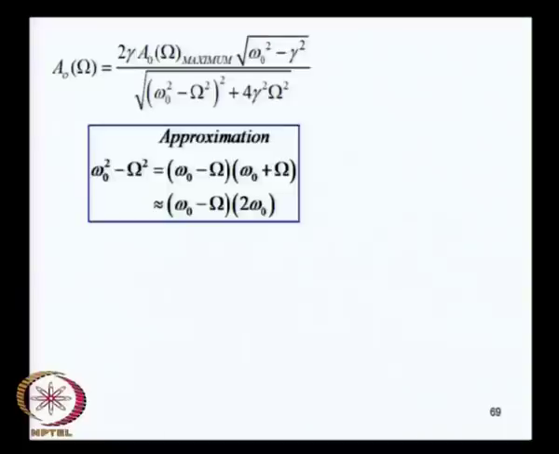You can in fact replace omega 0 plus omega by twice omega 0, because the difference between them is a small number compared to a large number. You cannot do that when you are dealing with that little tiny difference between omega 0 minus omega itself.